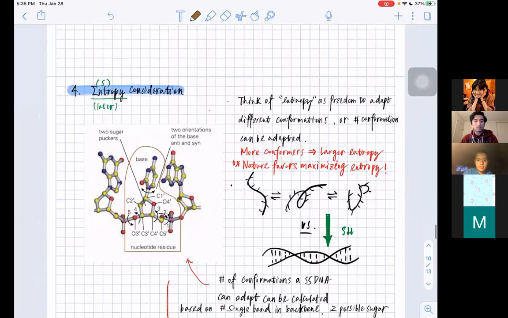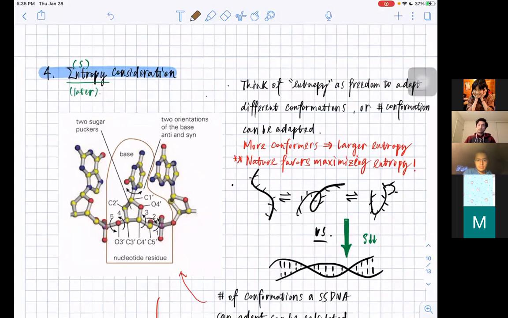The last thing I want to talk about is entropy consideration. Entropy is a topic you will learn extensively later on, but for now, we can think of entropy as the freedom to adopt different conformations. The more conformations a structure is able to adopt, the higher its entropy, and we know nature loves to maximize entropy.